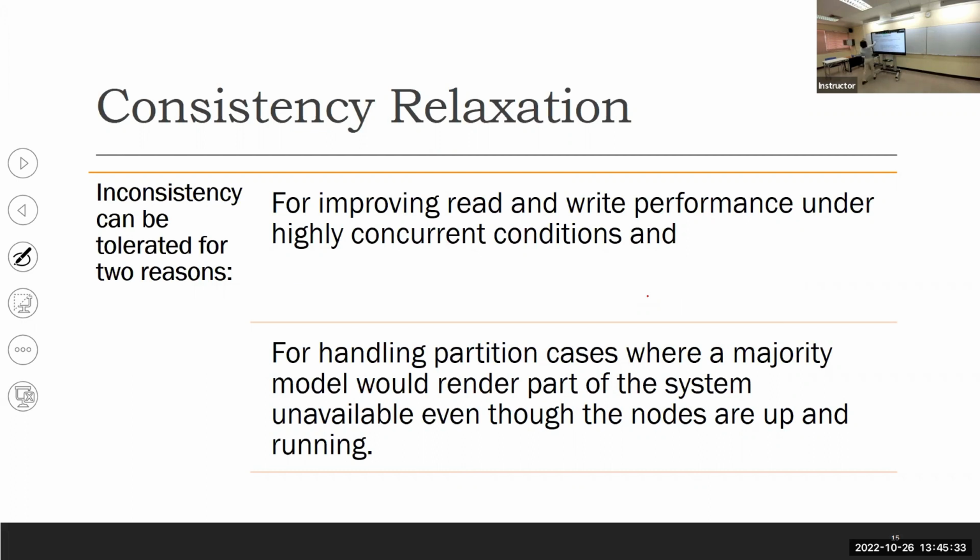Okay. This slide just summarizes when you might want to consider some relaxation of the consistency of your data. Such as, first case, you may want to tolerate the inconsistency a little bit.